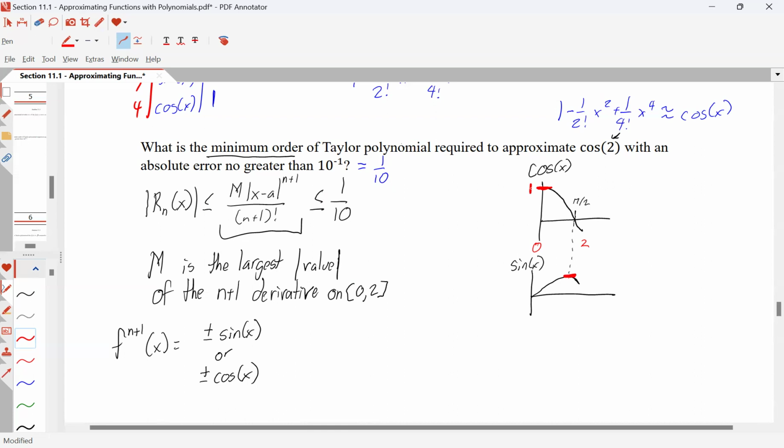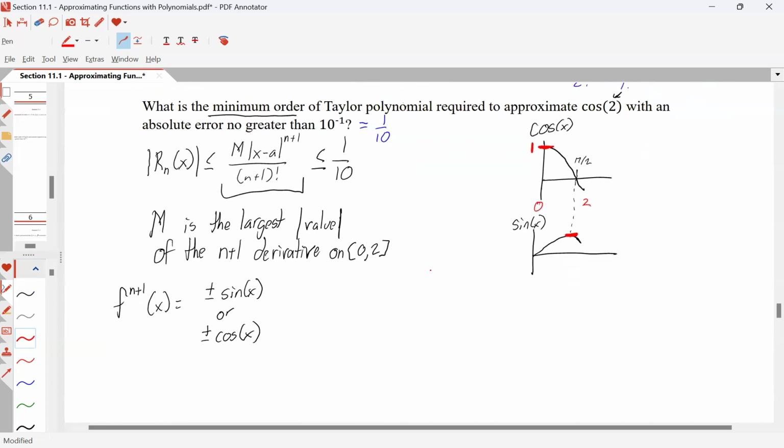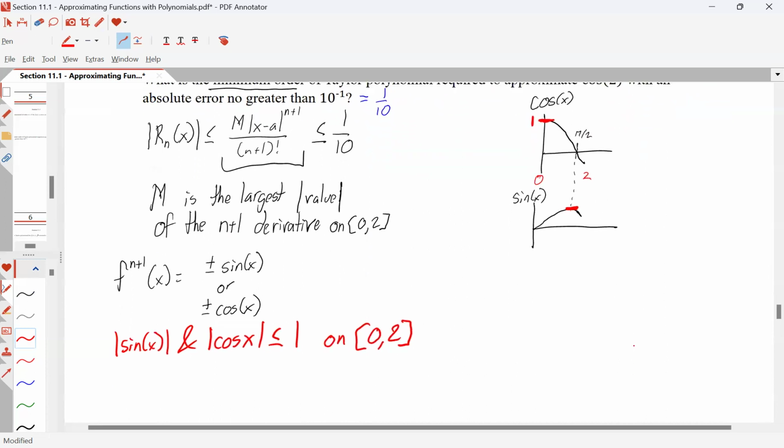And since we are worried about the absolute value, sine is never smaller than -1, and cosine is never smaller than -1. Sine and cosine are both less than or equal to 1 on the interval 0 to 2.